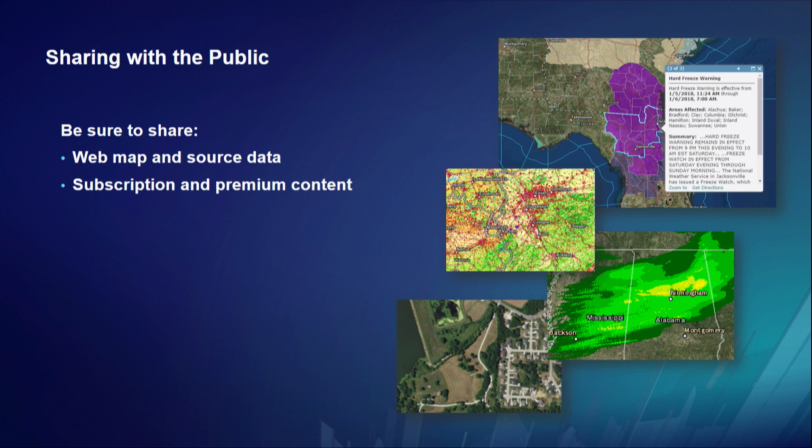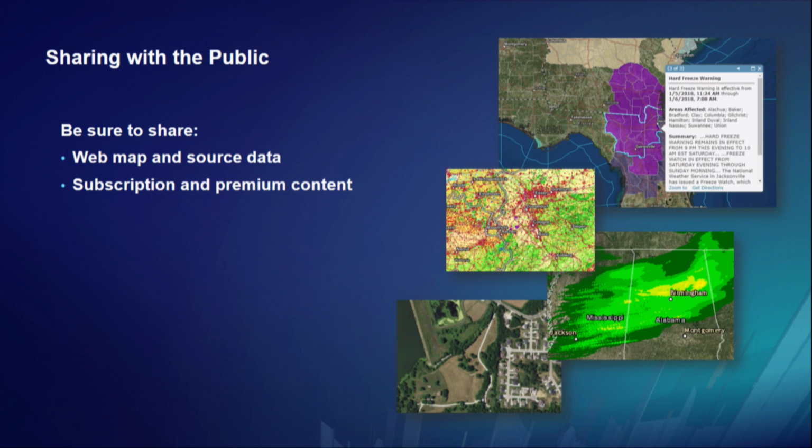So the Living Atlas provides a lot of really great pre-rendered layers, used a lot in emergency management in terms of natural hazards and disasters and weather and things like that you may want to include in your app, but just be aware that as you're building your map and you're signed into ArcGIS Online, they're obviously displaying for you, but once an anonymous viewer tries to load the app, it's going to say, oh wait, this person's not signed in, this is a subscription or premium layer, so we need to authenticate, and they're going to be prompted to log in.